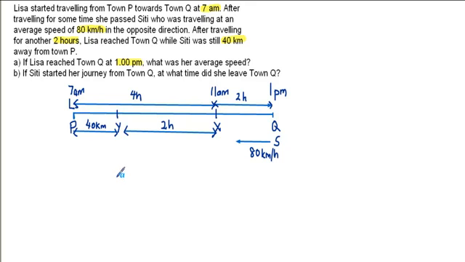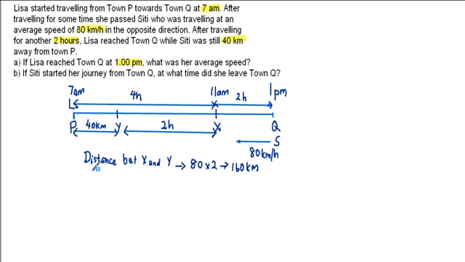So using Cici's speed, we can actually find the distance between X and Y. So distance between X and Y would be 80 kilometers per hour times 2 hours, and this would give us 160 kilometers.